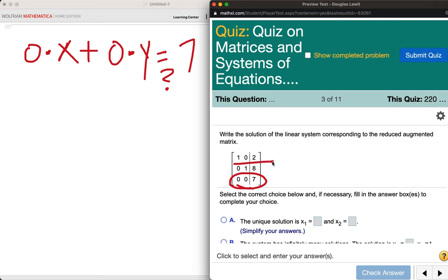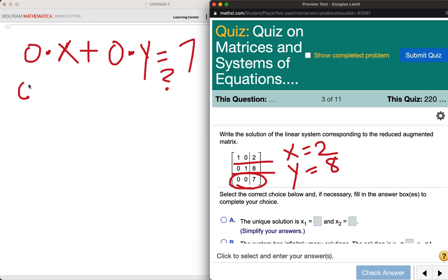Because over here you have x is equal to 2, and then here you have y is equal to 8.